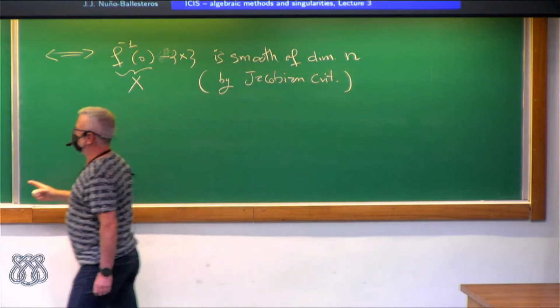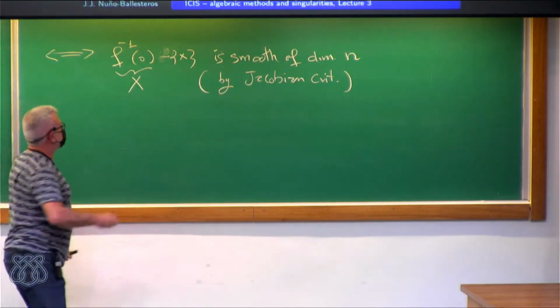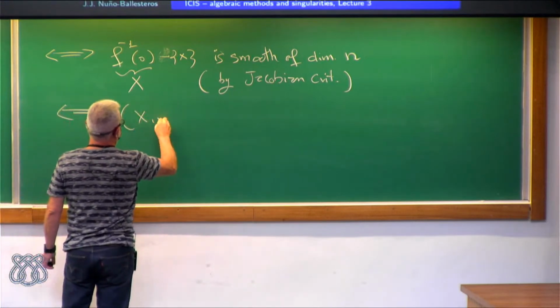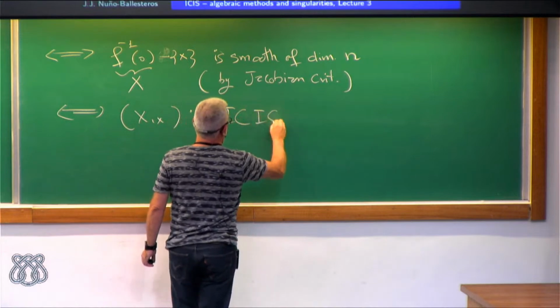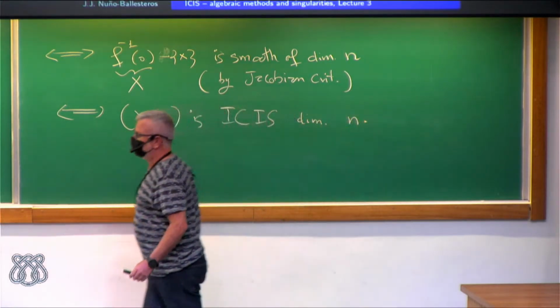But because this is C^n and C^(n-n'), this is if and only if X is an ICIS of dimension n', okay?